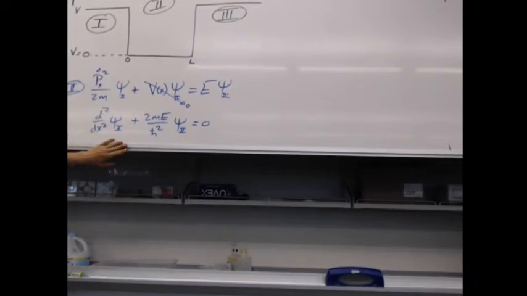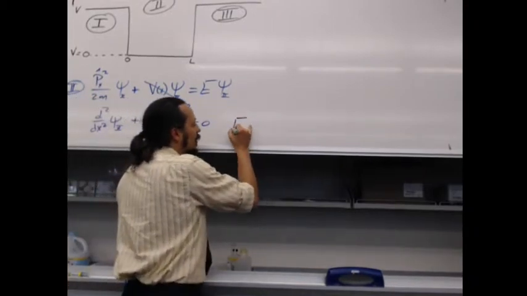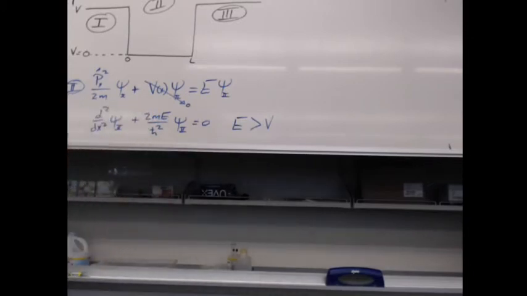But the first thing I want you to notice is because we are in this region where the potential is 0, we're in this situation where energy is greater than the potential energy. And when the energy is greater than the potential energy, that's where we get these oscillatory solutions. These things that look like sines and cosines, e to the i kx.